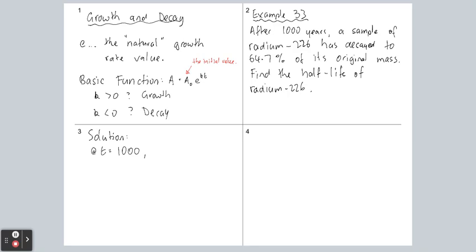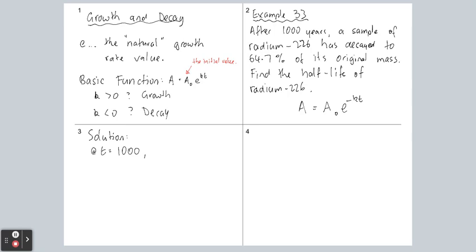Okay, so I know a bunch of things. So I'm going to model this as A equals A sub 0 e to the negative kt. That's going to be my model, and t is going to be in years. That makes sense. There's no need to change the units at all. So away I go. Slide 3, solution.